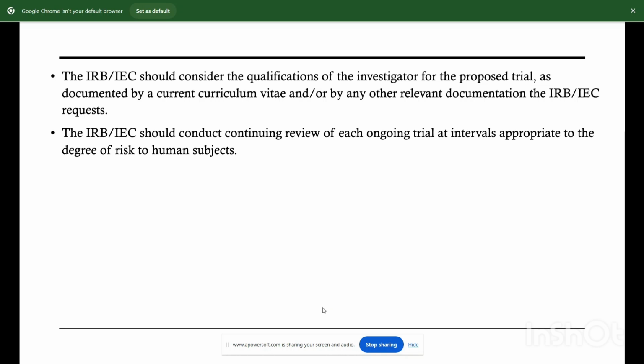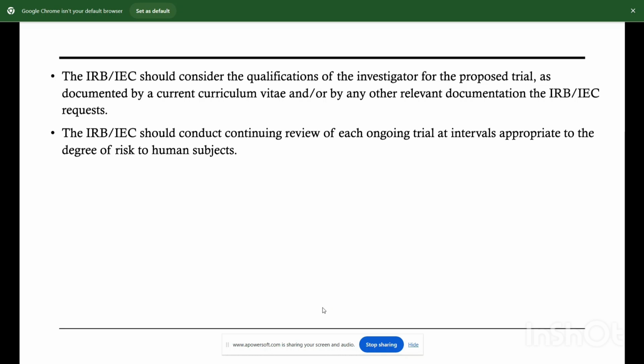Then once they give the approval for the study, they have to do the ongoing review of the study. Once they give approval, their work has not ended. Every time they have to check how the study is going on, that there are no ethical breaches happening in the study.